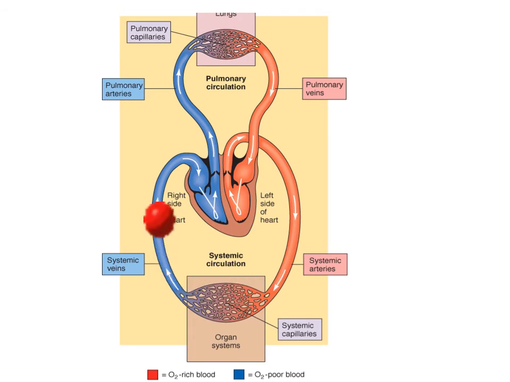The blood will be pumped from the left side of the heart to the systemic circulation, to the systemic arteries, then to the capillaries, to the organs of the body, and it will be deoxygenated and returned back by the inferior and superior vena cava to the right side of the heart. The right side of the heart will pump the blood to the lung to be oxygenated again and return to the left side of the heart by the pulmonary veins. Then the cycle will be repeated. The left side will pump the blood to the systemic circulation again.